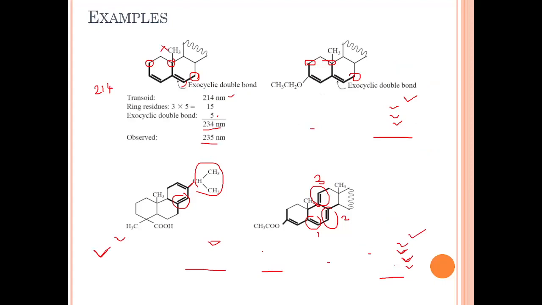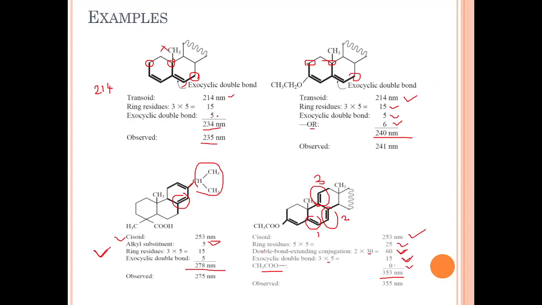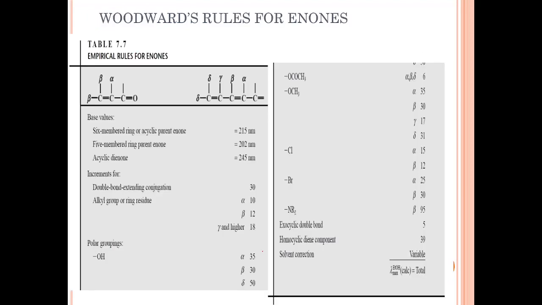Now let's go for another type, that is the empirical rule for enones. Instead of one double bond, we have a carbonyl group over here. And you can see here, this is the carbonyl, this is the alpha carbon, this is the beta carbon. Then we will go again alpha, beta, gamma, and delta. So these substituents have different types of impact on the absorption.